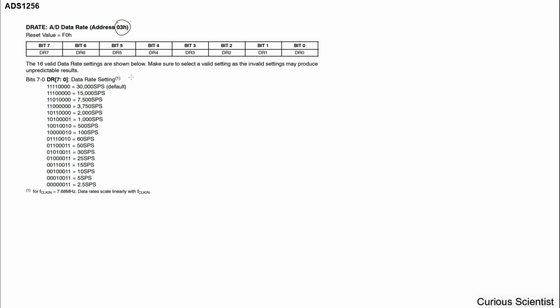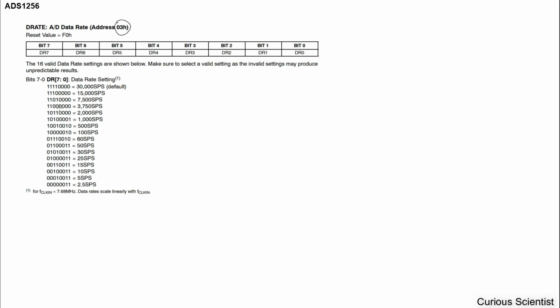If you want to use the maximum speed, then you have this 11110000 value, and then you have 30,000 samples per second. This is the maximum value that you can reach, or this is the capability of the circuit.